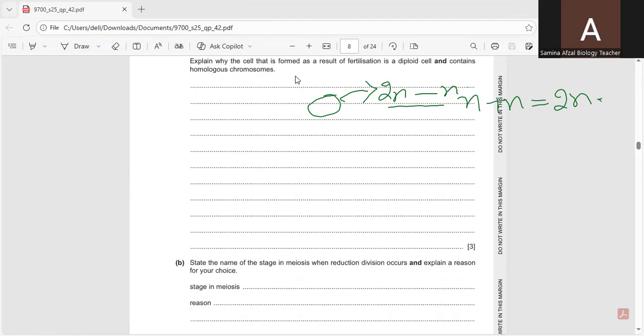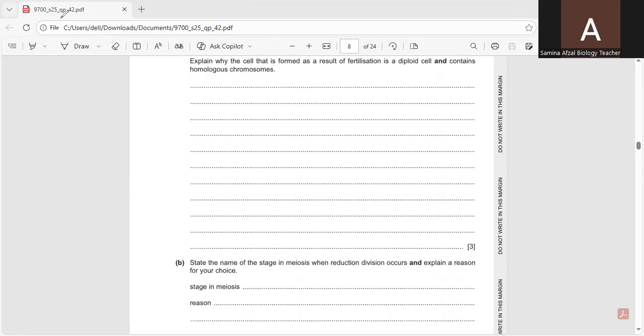So we have to discuss why the cell which is formed as a result of fertilization is diploid. As you know, the gametes are haploid. They have n number of chromosomes. So each gamete contains only half the number of chromosomes found in the normal body cell, with only one chromosome from each homologous pair.